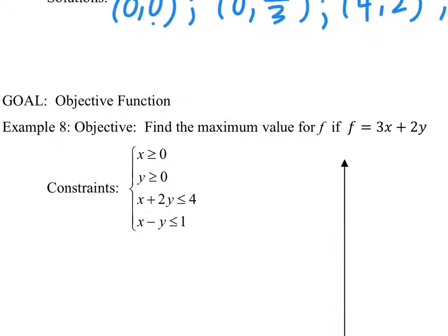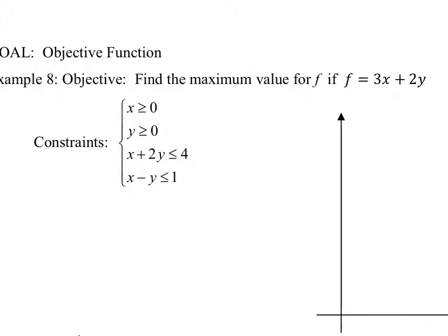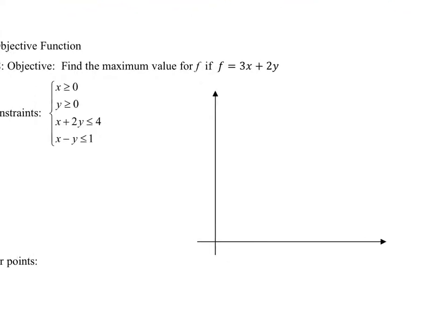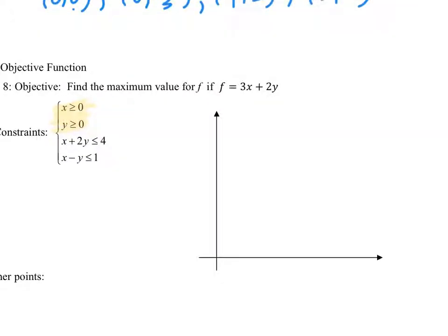All right, so same thing in number 8. There's 4 of them. So again, should be looking at a 4-sided figure with 4 corners. And once again, I'm limited in quadrant 1 because of the way that's highlighted. And so for sure, I'm in quadrant 1. All right, so then my job is just to get this system ready to be graphed.